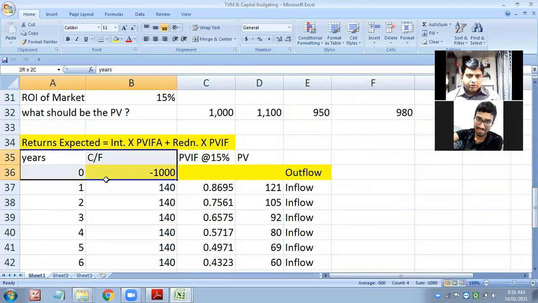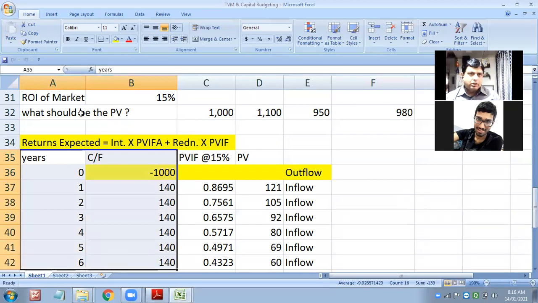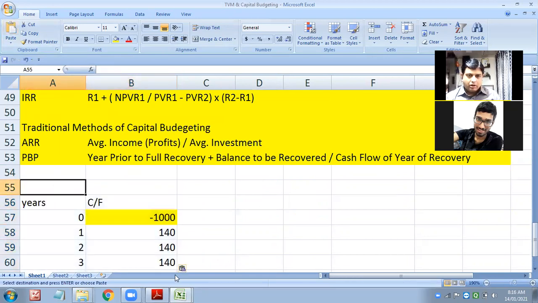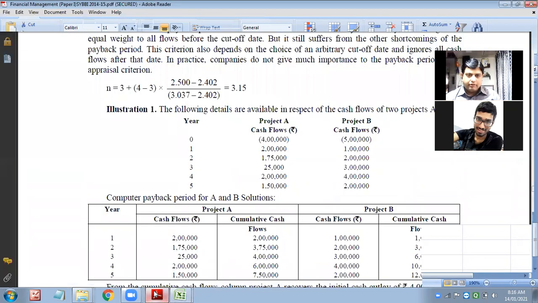I want these two things, and we are dealing with illustration 1.